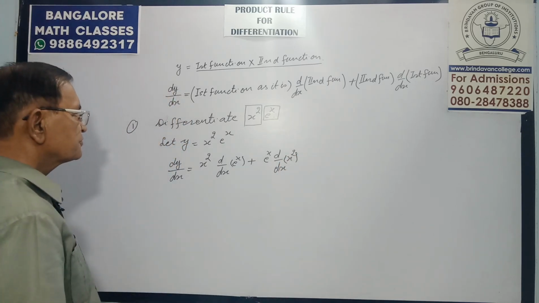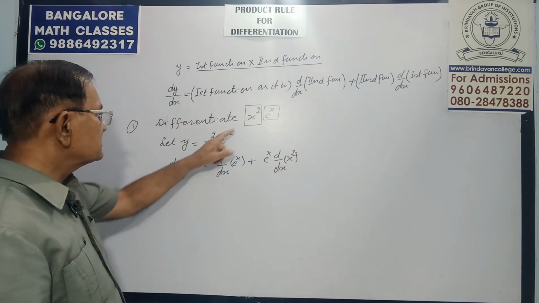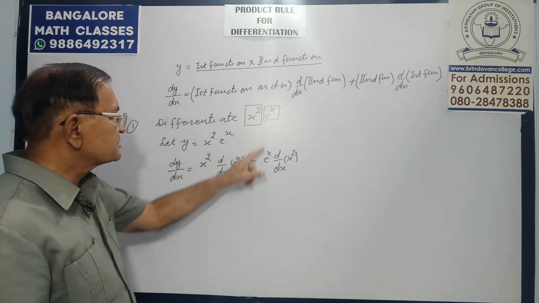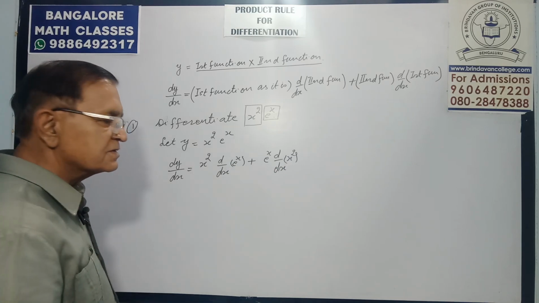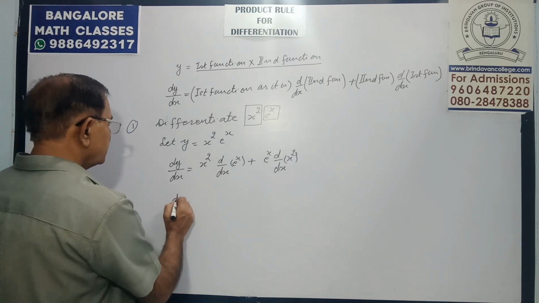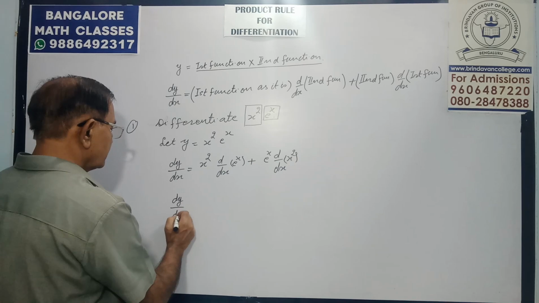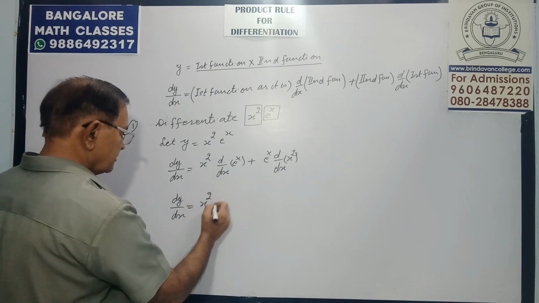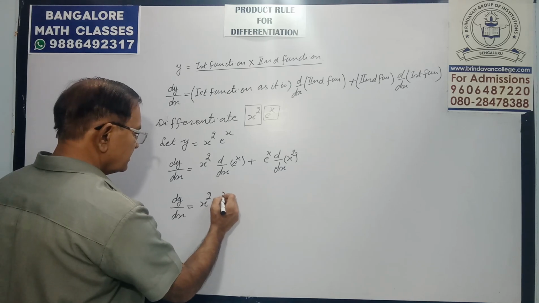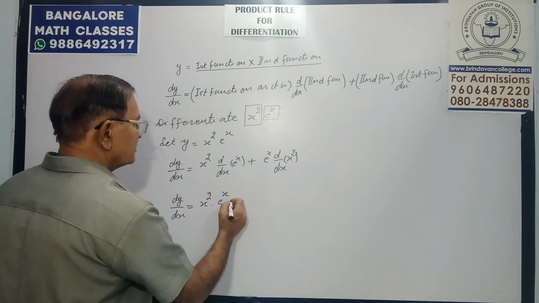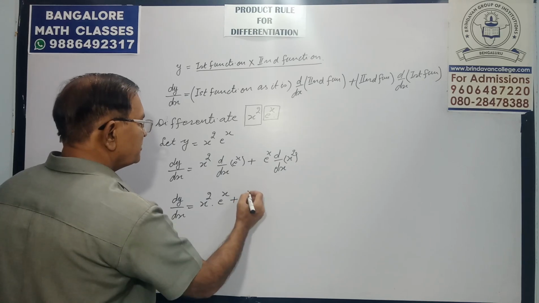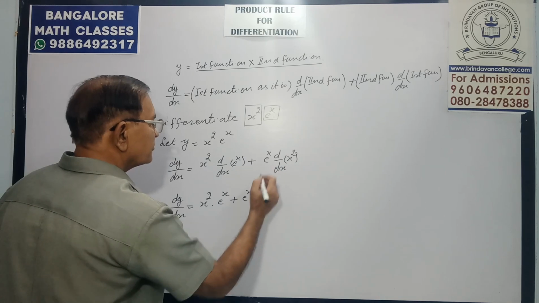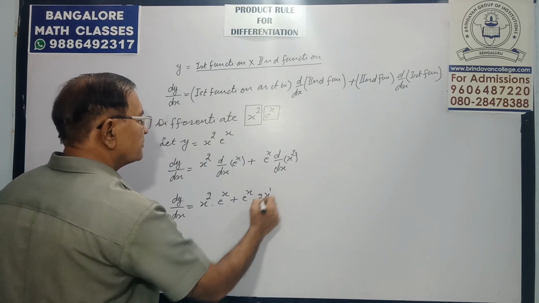That is how you are supposed to write. First as it is, ddx of second, plus second as it is, ddx of first. Thus dy by dx equals first as it is, differential of e power x, which we have done in the identity, is e power x, plus now e power x as it is, ddx of x square: take out the power, subtract 1 from the power, that is power 1 you can see.